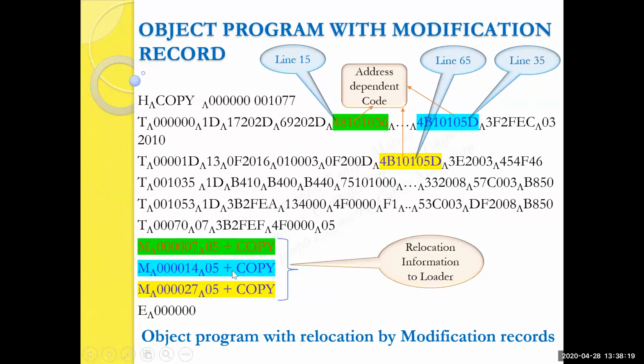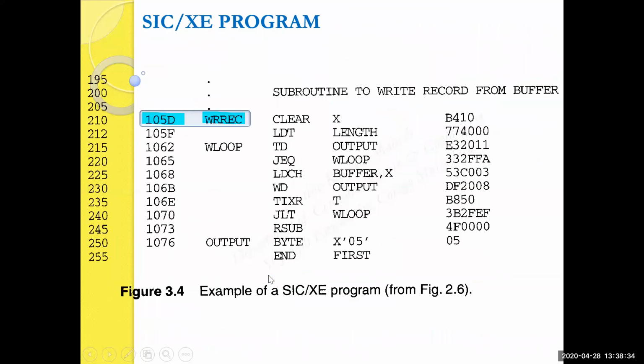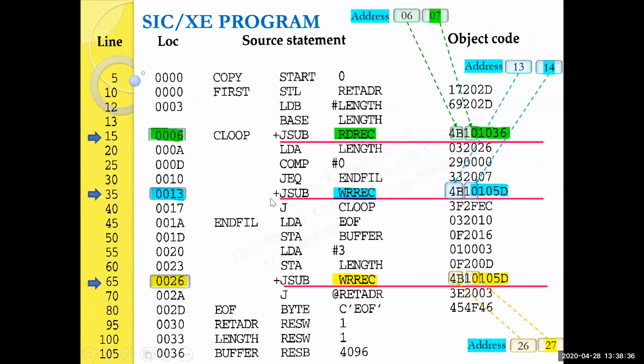Likewise, the second modification record corresponds to the instruction on line number 35, and it says that to the field that starts at address 14, which is 5 half bytes in length, add the actual starting address of the program. The field that starts at 14 is 0105D. To this field, we need to add the actual value of copy, which will be obtained at load time.